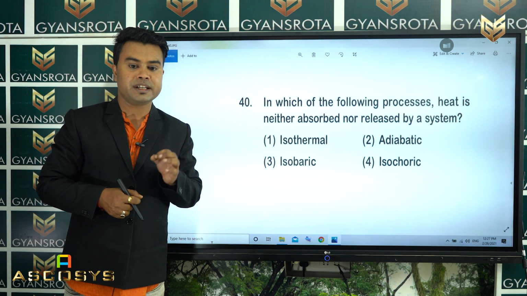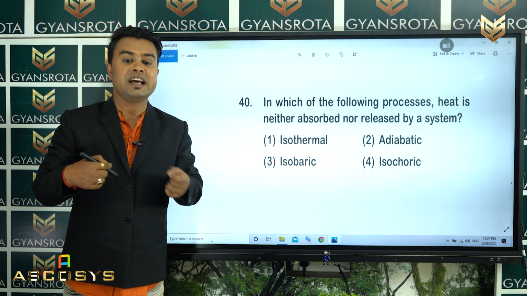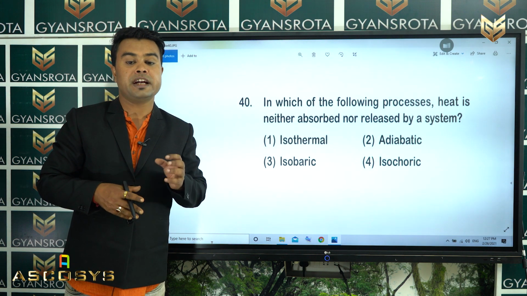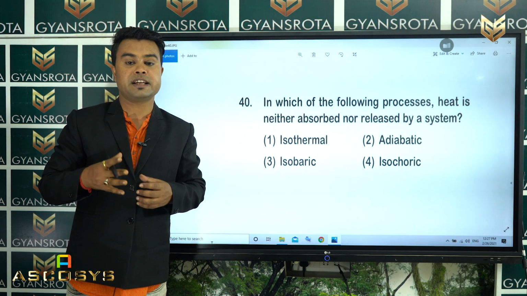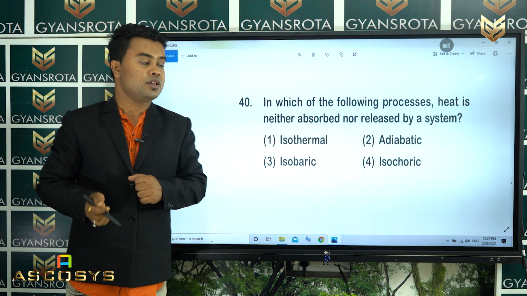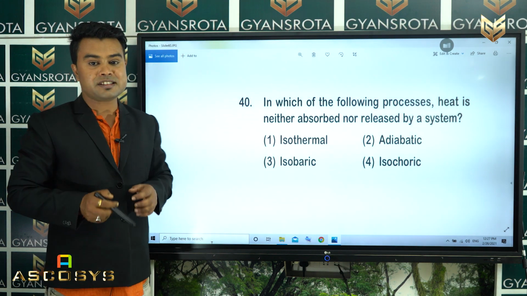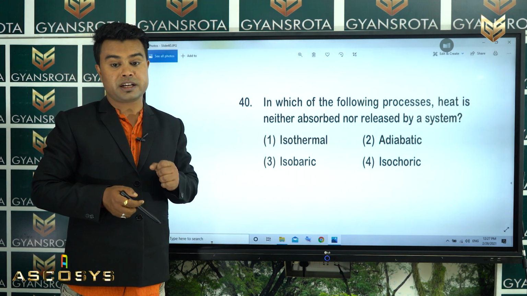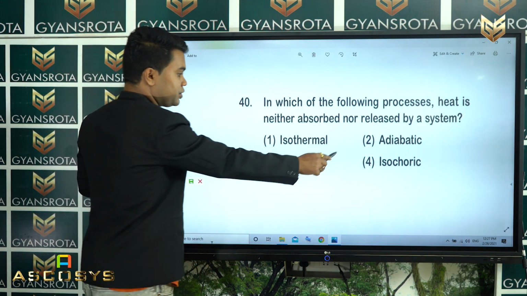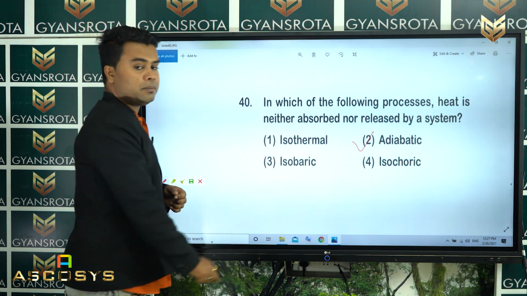Isothermal? No. In that one, temperature remains constant but there is a heat exchange. Adiabatic? Yes. As we know, adiabatic is the process where there is no heat exchange between the system and the surroundings. So number B is the correct answer, and this is from the chapter thermodynamics. So number B or option 2, same thing. So option 2 is the correct answer, adiabatic.